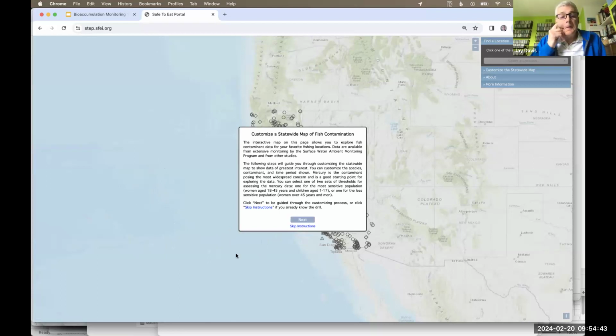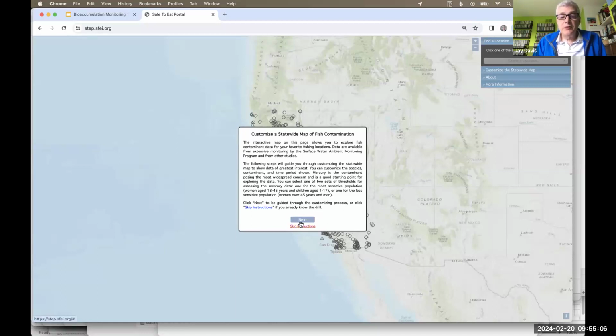Okay, so just a quick demo of this. We can go through it in more stepwise fashion later if there's time, but for now, if you click next on this homepage, then it walks you through steps to select what you're interested in.